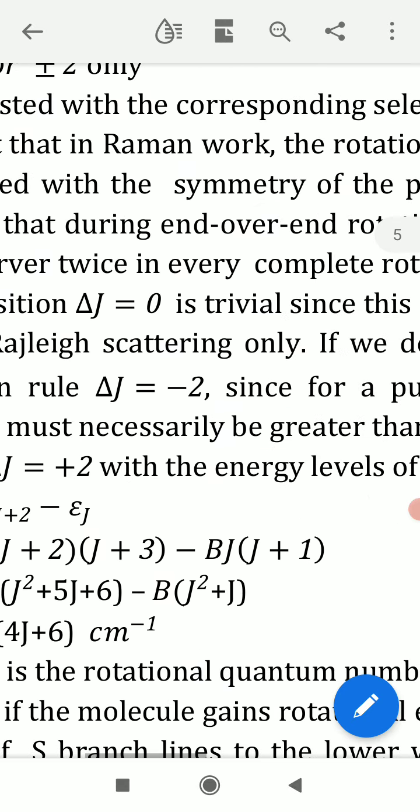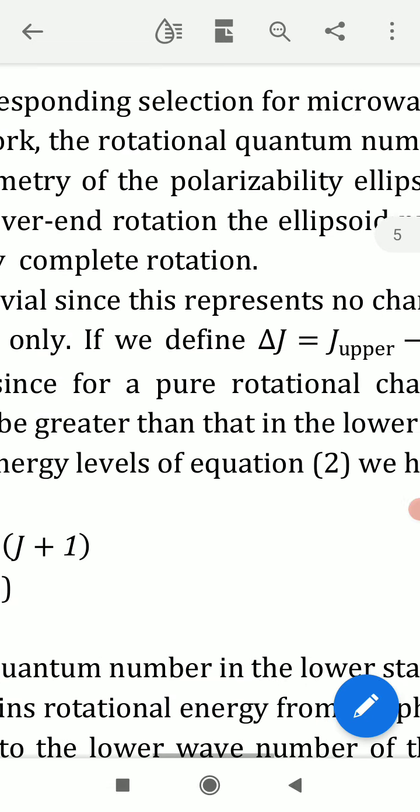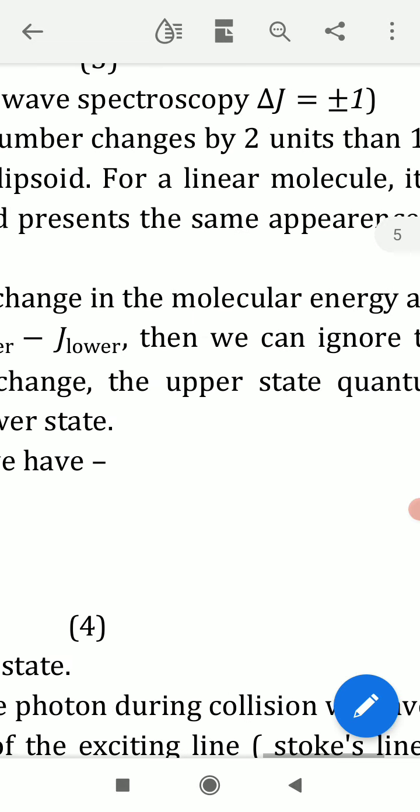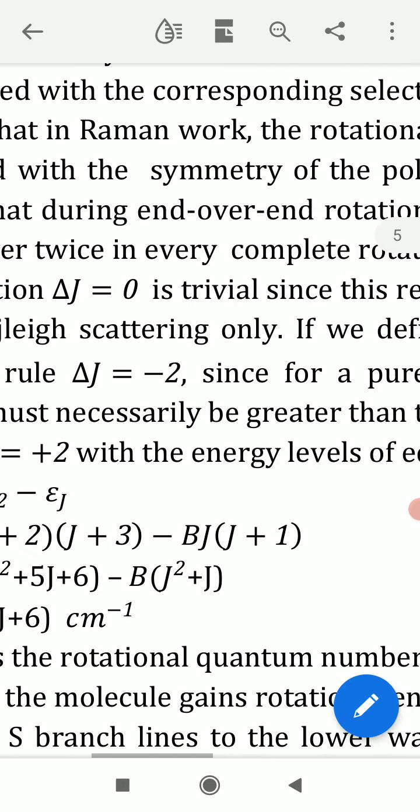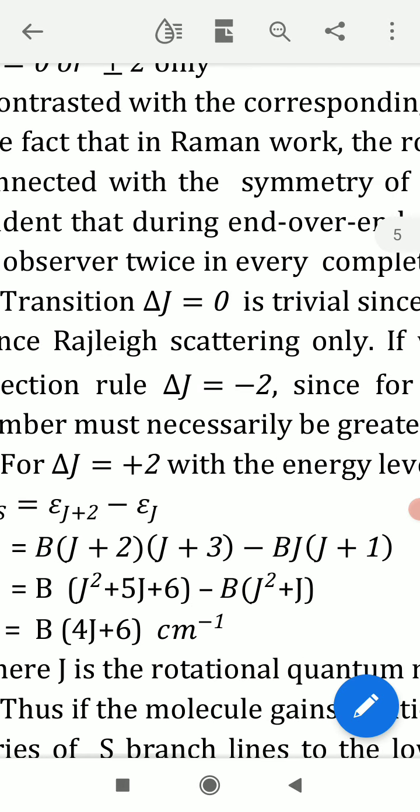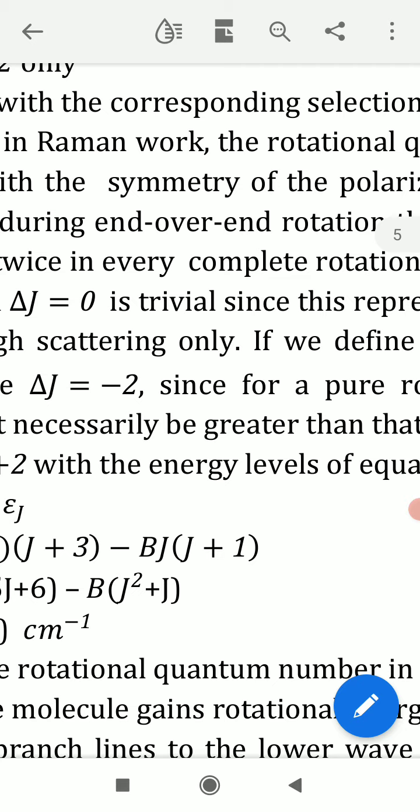Transition delta J equal to 0 is trivial since this represents no change in the molecular energy and hence it represents Rayleigh scattering only.